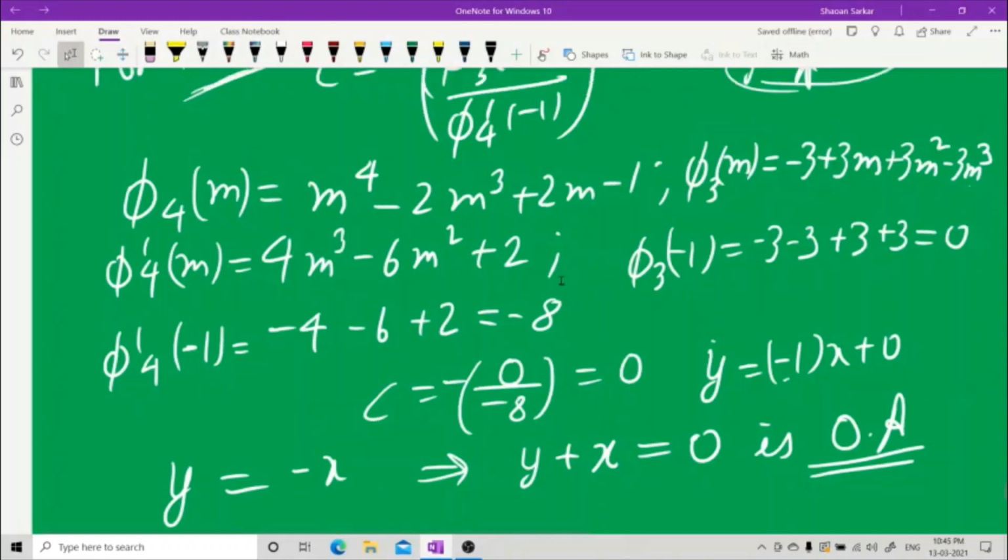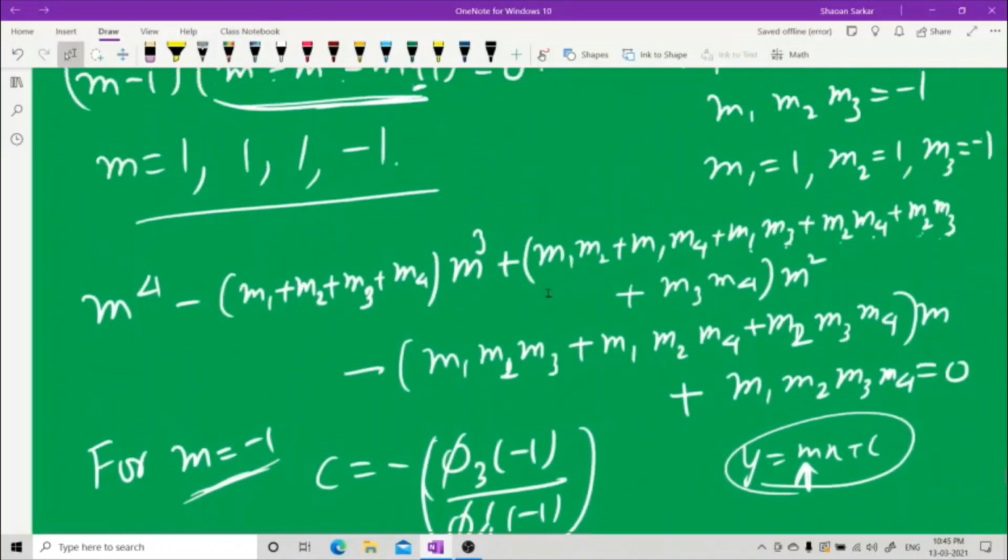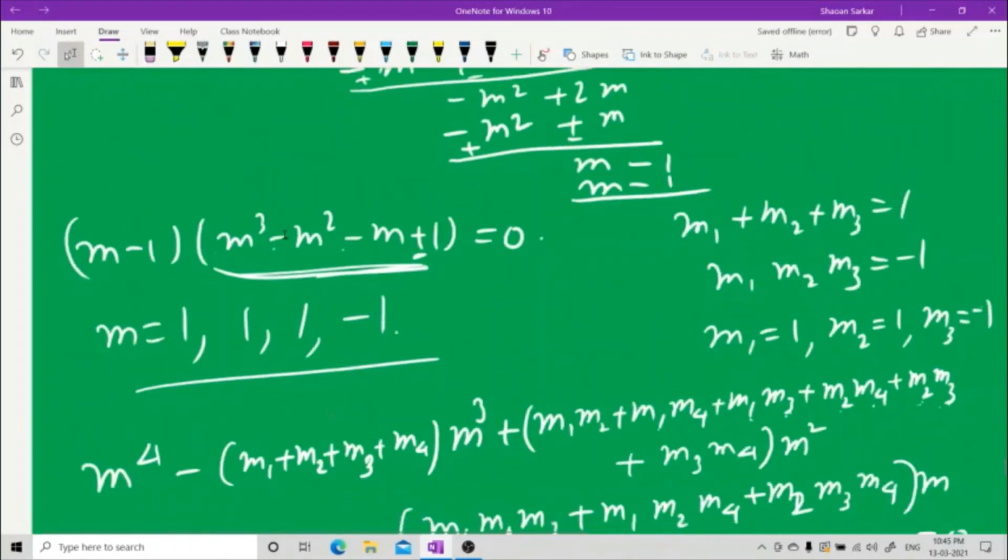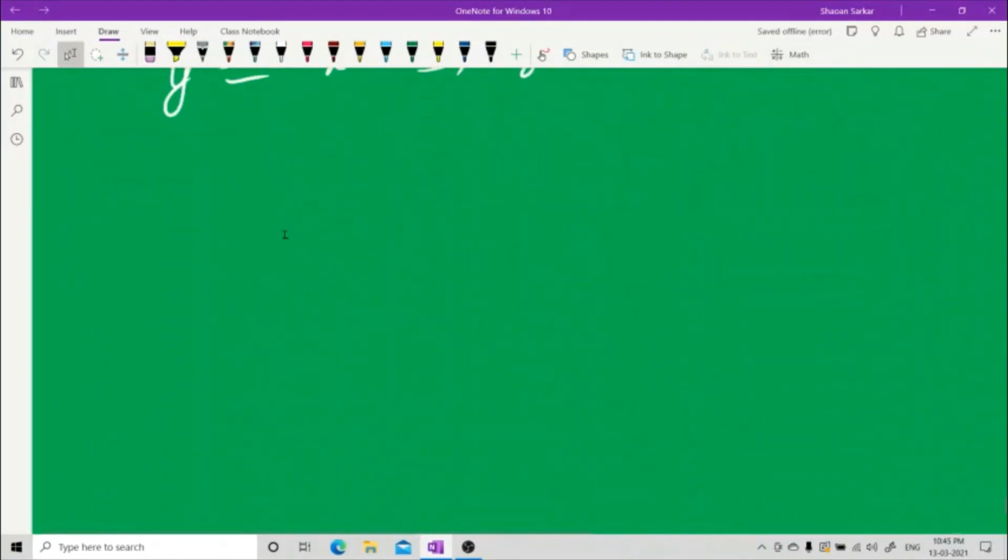Now the point here is, this m, if you see this 1, is repeated 3 times. ये 3 बार repeat हुआ है. तो you can directly use this formula. 3 times repetition now. So you write like this: c cube by 3 factorial phi 4 triple dash m.